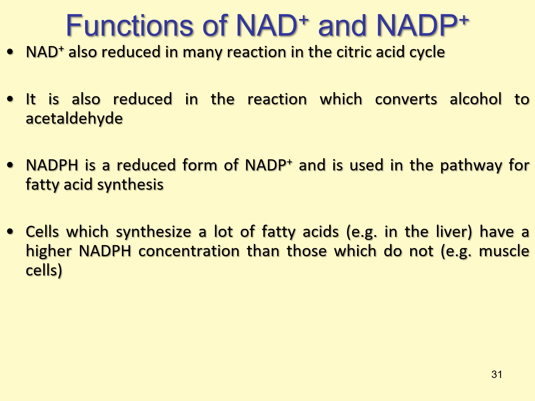So NADPH is the reduced form of NADP+, and is used in the pathway for fatty acid synthesis. Cells which synthesize a lot of fatty acid, for example in the liver, have a higher NADPH concentration than those which do not, like muscle cells for example, which have a lesser amount of NADPH.